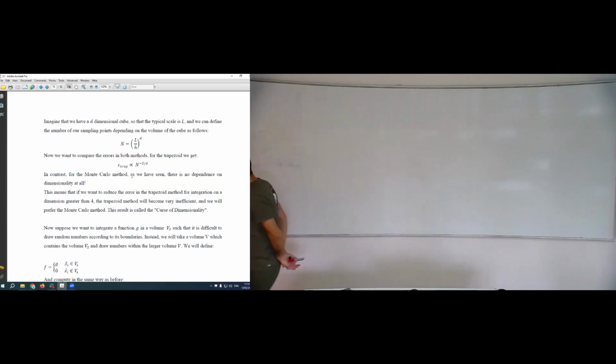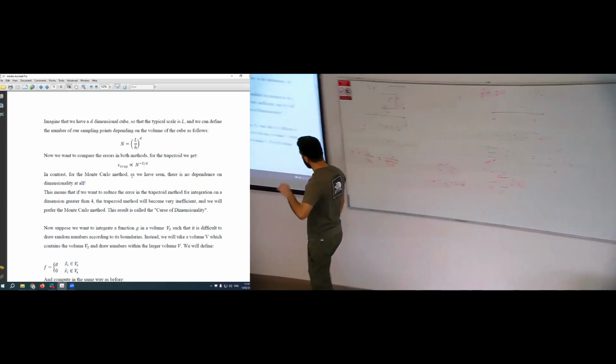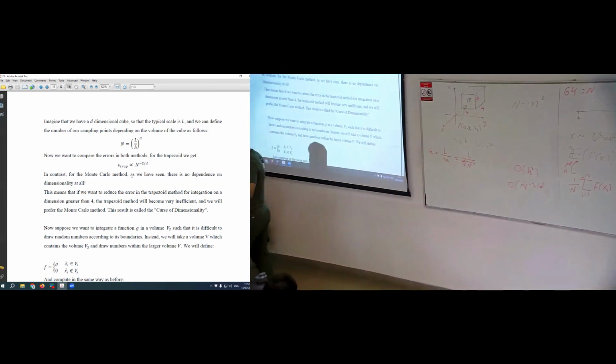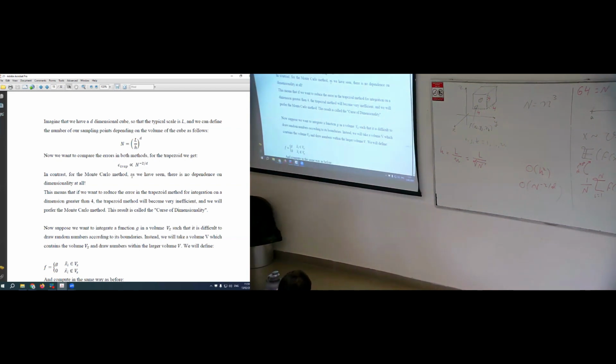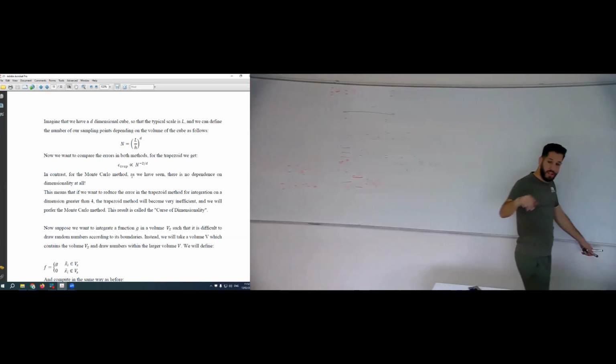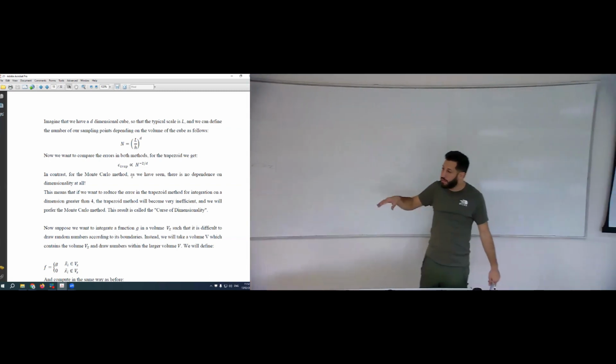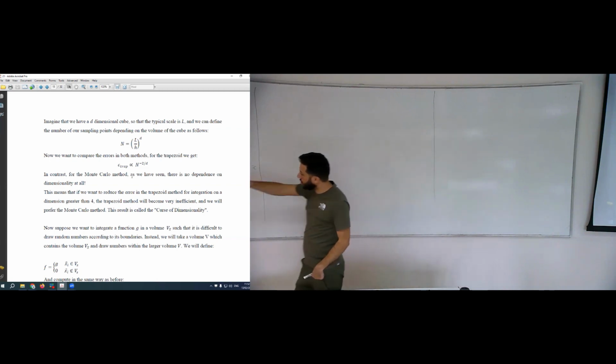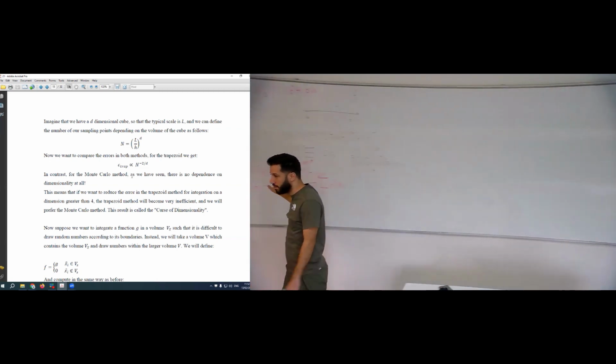But now we can say that for any segmentation rule or any numerical integration rule or method that you will choose, you will have some critical dimension above which the Monte Carlo method will win.